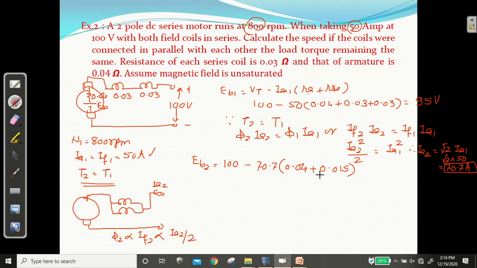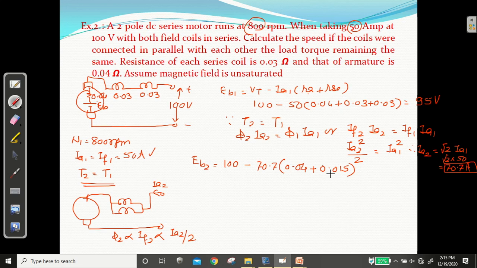So if you use the calculator, 0.04 plus 0.015, into 70.7, equal to 3.88. 100 minus 3.88.